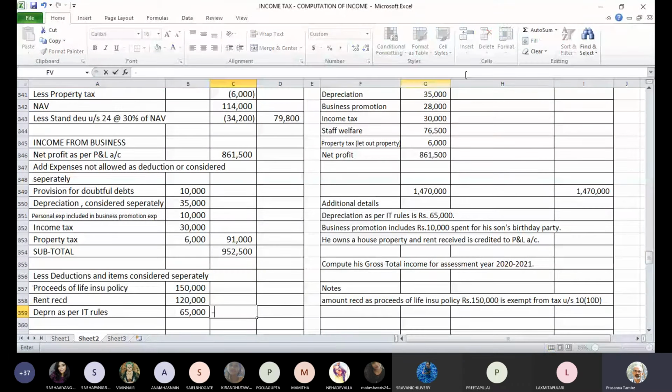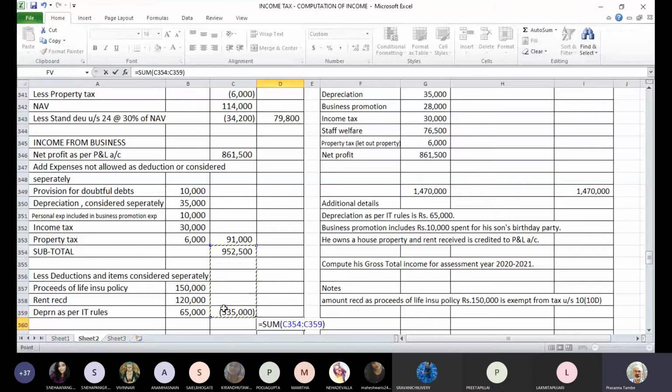So let's claim the deductions. Total of deductions is 3,35,000. So once you claim these deductions, what will remain is income from business or profession.